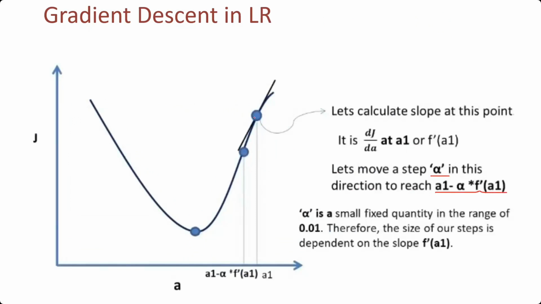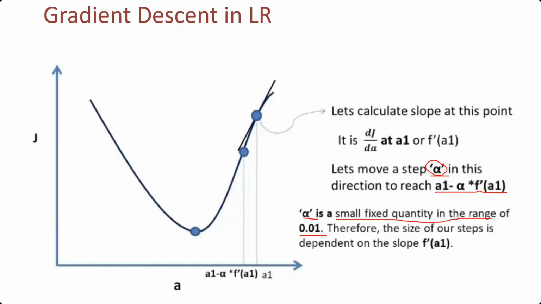So I will then calculate this value and update. Here in this case, alpha would be the learning rate, and it is recommended to have a small fixed quantity in the range of 0.01.